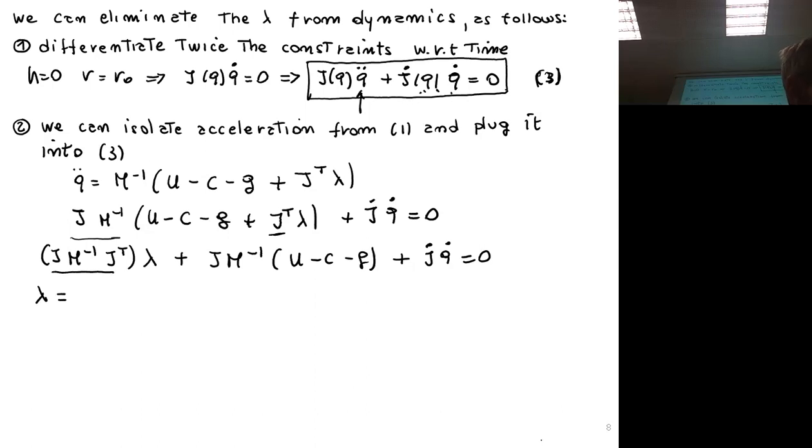And we assume that J is full rank, so it's always invertible.